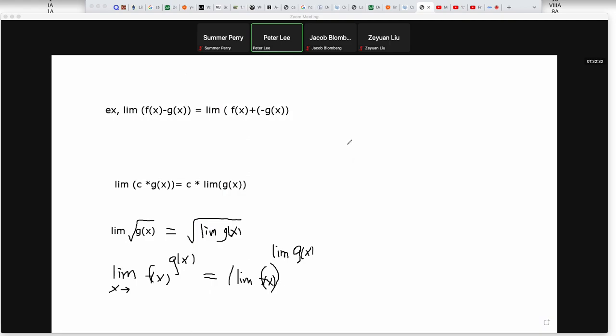In chapter E, we will get to this. Let's talk about the limit of sine of f of x as x approaches something. Is it equal to the sine of the limit of f of x?